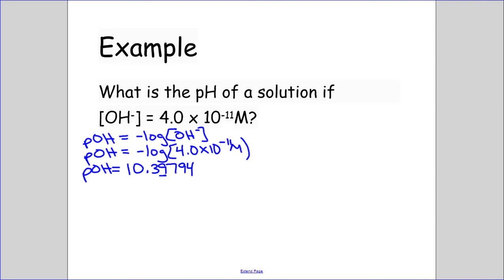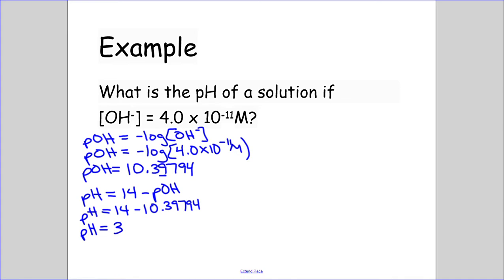After that, I'm going to do my next step, because now I'm in pOH, and I have to get to pH. So pH is just 14 minus pOH. So pH is equal to 14 minus 10.39794. pH is equal to 3.60.